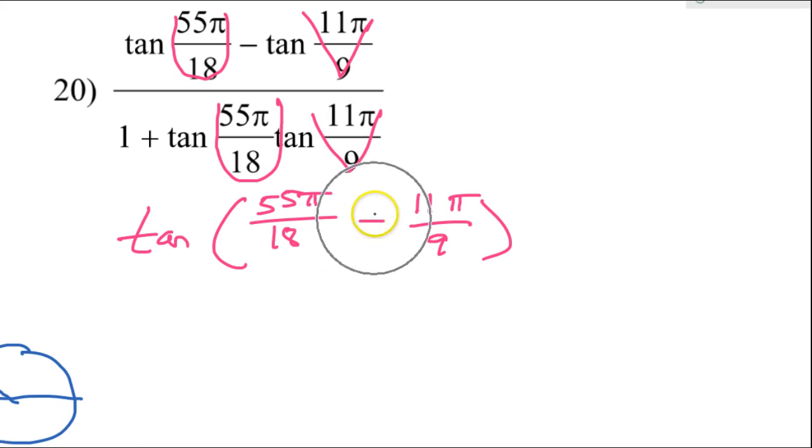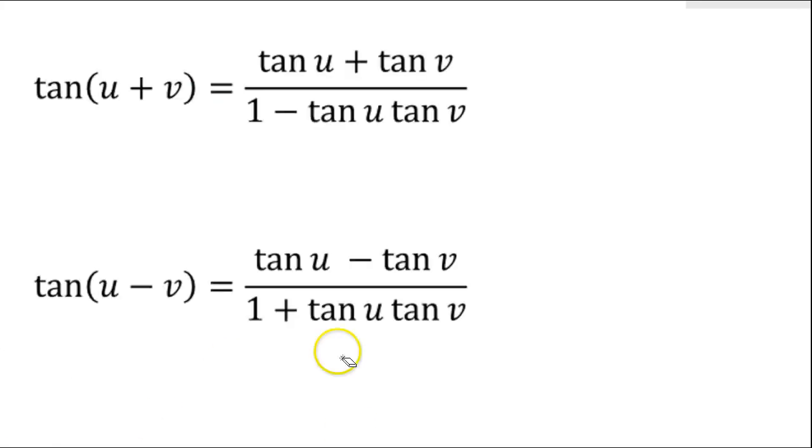Remember, I know what sign goes in the middle because, looking at the formula, the sign in the numerator matches the original sign of the problem. So if I see a minus sign here, I know it's going to be a subtraction problem.